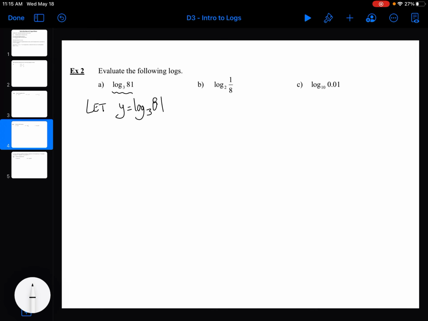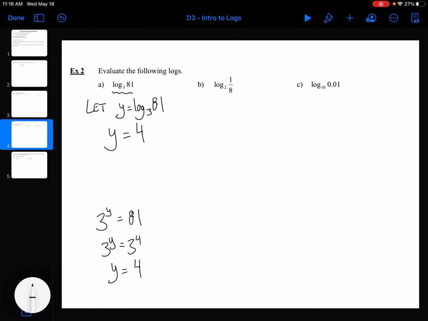What this really says is 3 to the y equals 81. What we could think of in our head is, what exponent do we have to raise 3 to get 81? Well, 3 to the 4 is 81, so y has to equal 4.